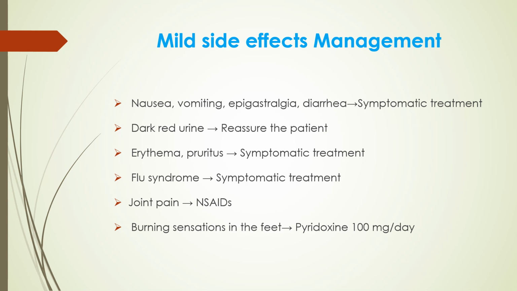For erythema and pruritus, we give some symptomatic treatment also, like antihistamines. For a flu syndrome, symptomatic treatments. If he has some joint pains, we give him non-steroidal anti-inflammatories. If he has some burning sensations in the feet, we give him vitamin B6.